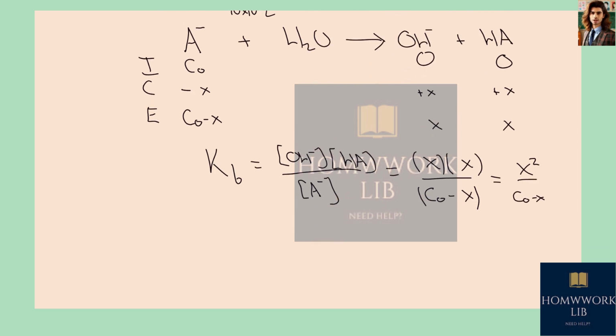Now, the other thing that we need to do is to find the value for Kb. We know that Ka times Kb needs to be equal to 10 to the minus 14. Recall that that is Kw. So Kb is 10 to the minus 14 divided by the Ka, that in our case is 5.61 times 10 to the minus 6, giving us a value of 1.786 times 10 to the minus 9.